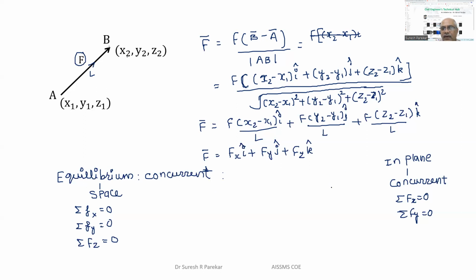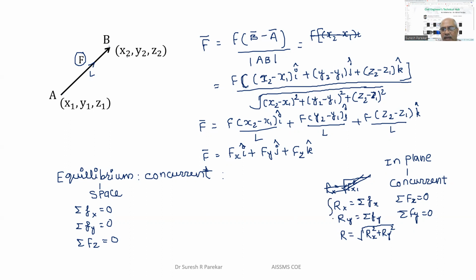So likewise, we are going to get these forces. In plane, we have a resultant with Rx equal to summation Fx, Ry equal to summation Fy, and R equal to root of Rx square plus Ry square. Now here we have three axes.